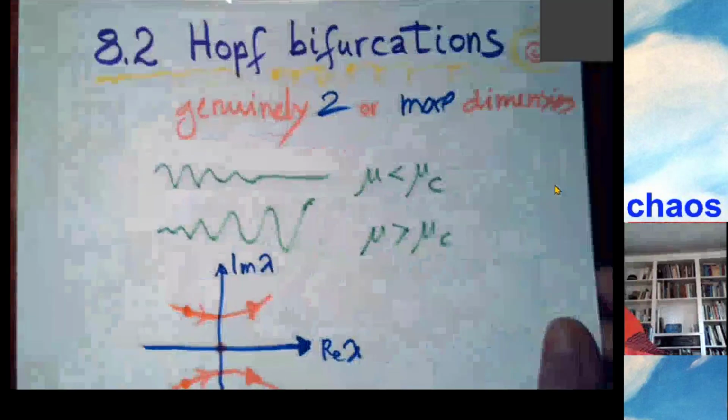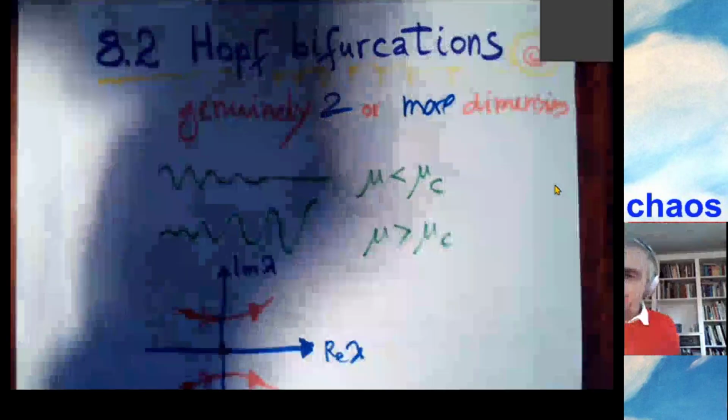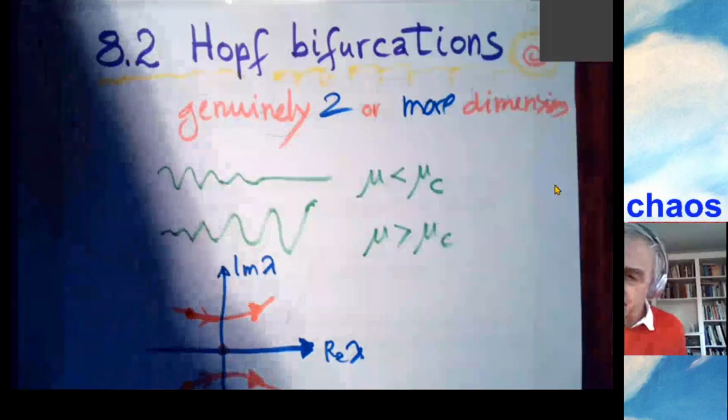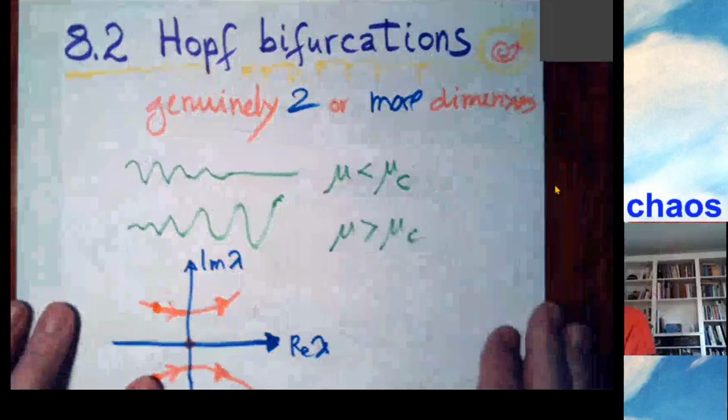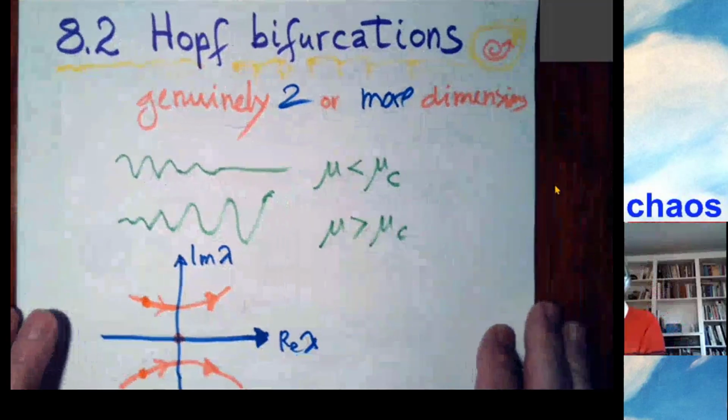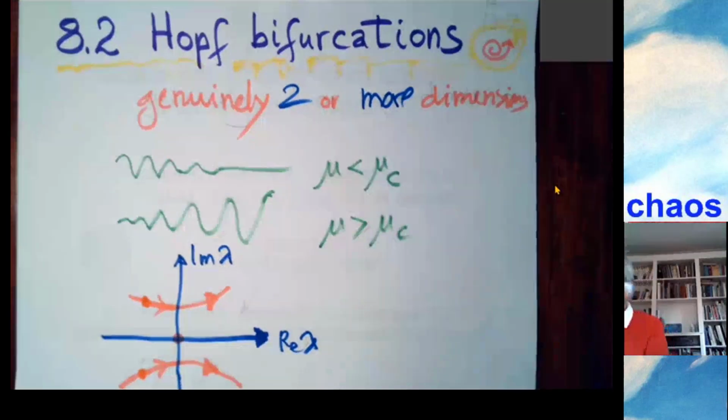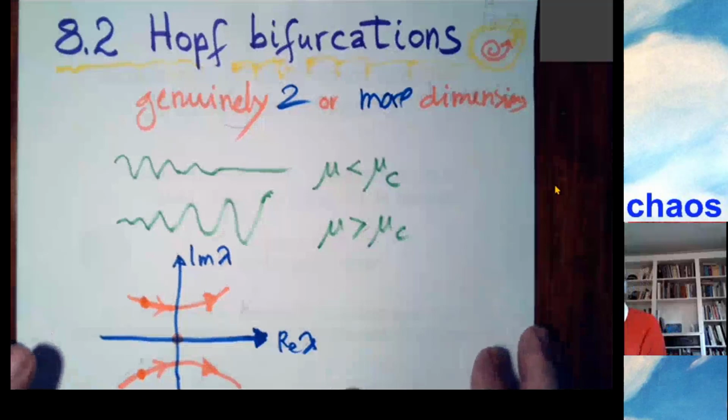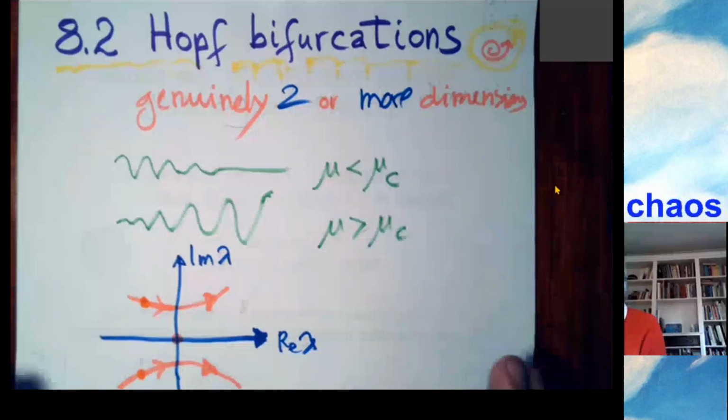The other bifurcation that's very often seen and intuitively makes sense to us is that if you're pushing some system and making it less and less stable, and you're in 2 or more dimensions, one very generic thing that happens is that one way it can become unstable is that as it goes through bifurcation, it spirals out.